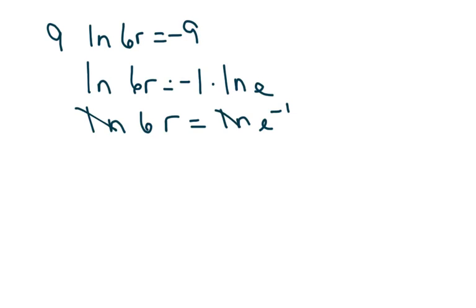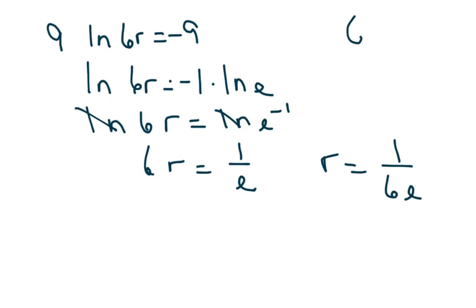Cross out my ln, so I get 6r equals 1 over e. I'm going to solve for r, so I divide both sides by 6, so I get r equals 1 over 6e. Now when you plug it in, we're going to get 1 over e, which is positive. So this is a solution.